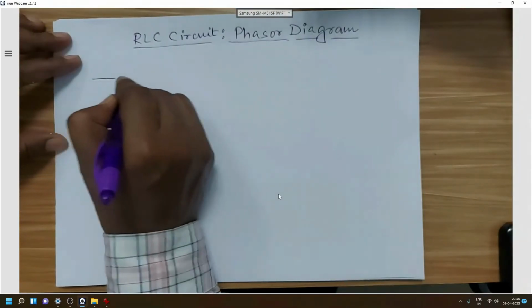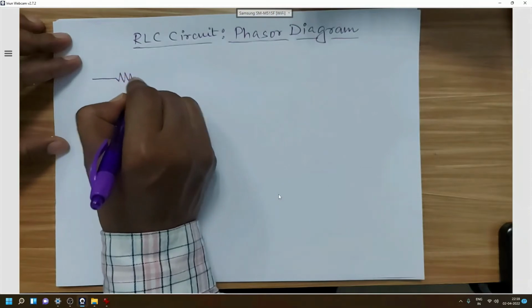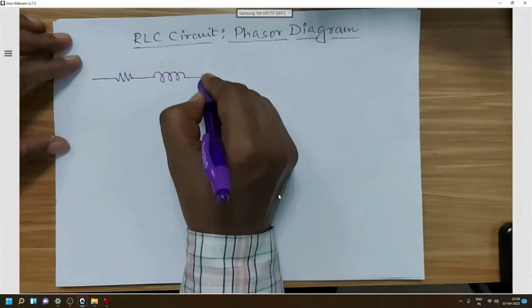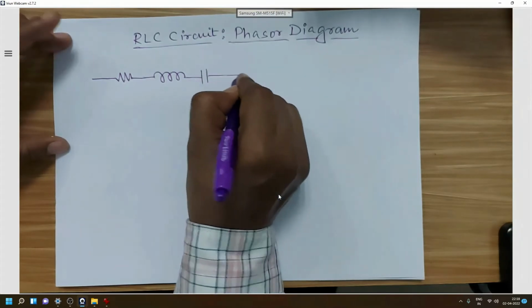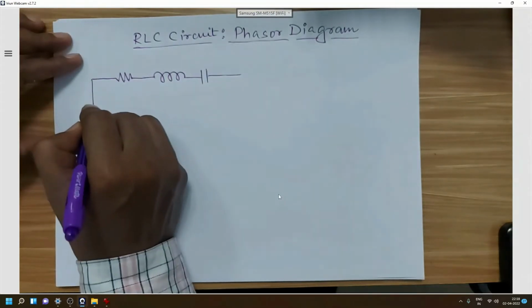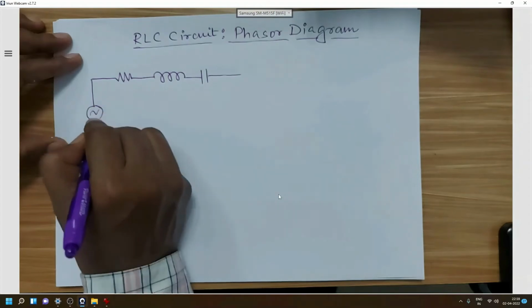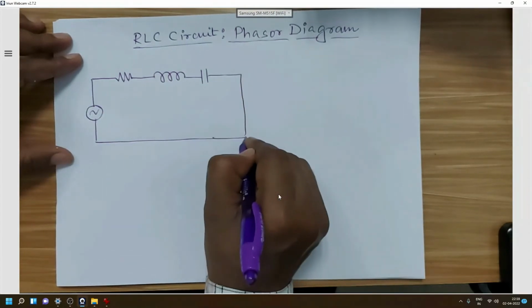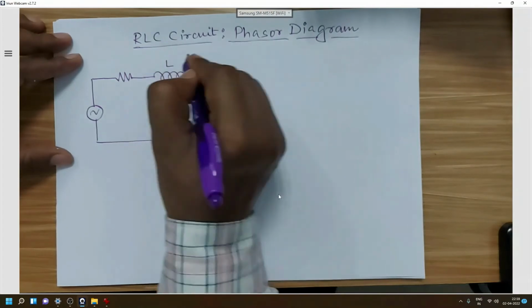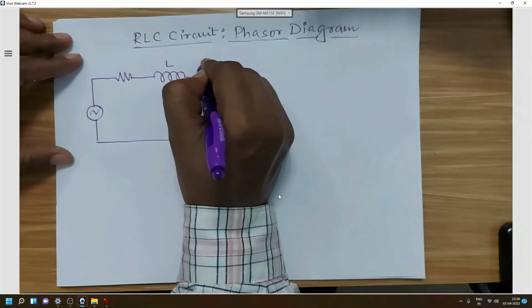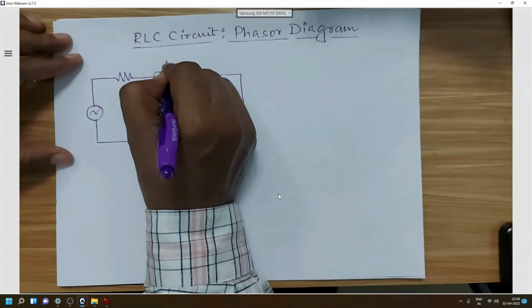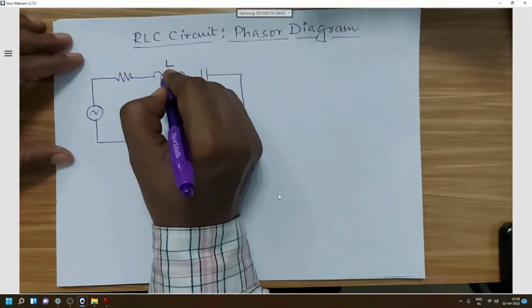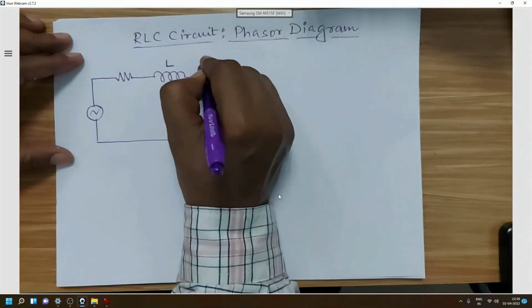Now if we have a similar RLC circuit, but let us consider that the effect of the capacitor is dominating compared to the inductor. L is representing the inductance of the inductor.